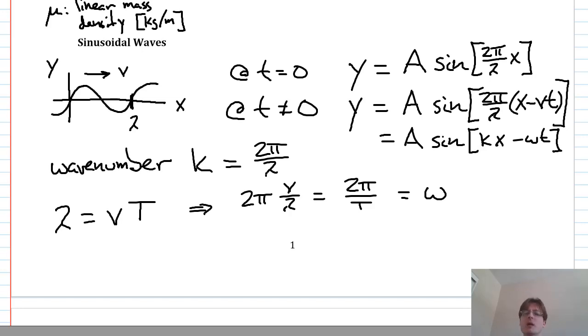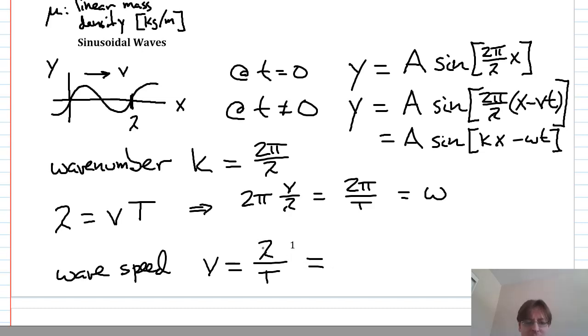When you write it in this form with k and omega, that kind of obscures what the speed of the wave is. So it's useful to be able to express the speed of the wave in terms of omega and k. So the speed of the wave is the wavelength divided by the period, which is the distance divided by the time.